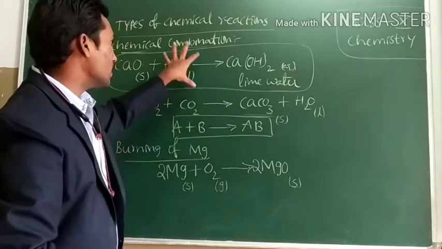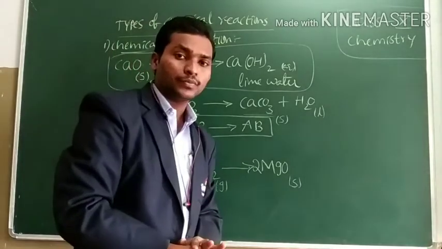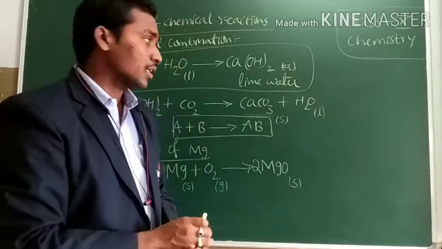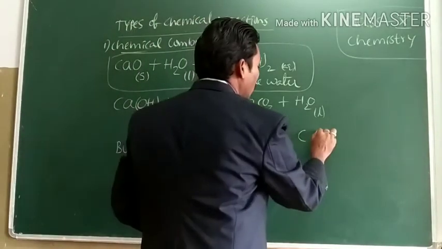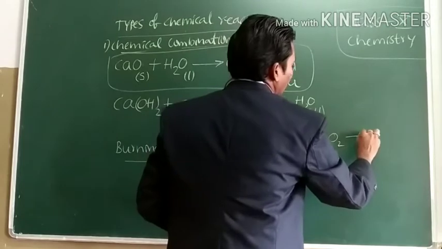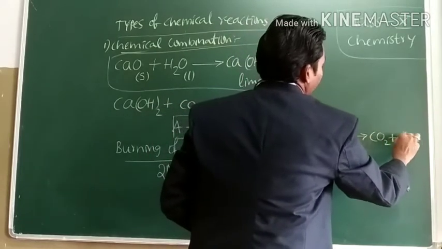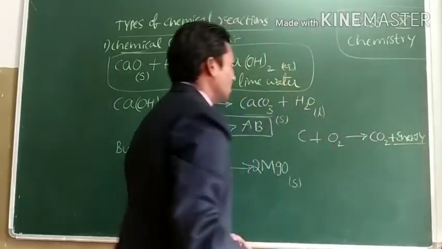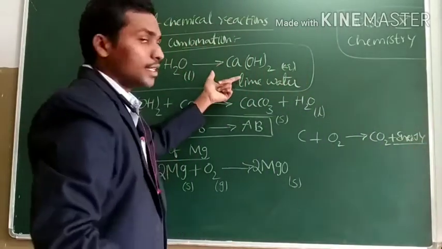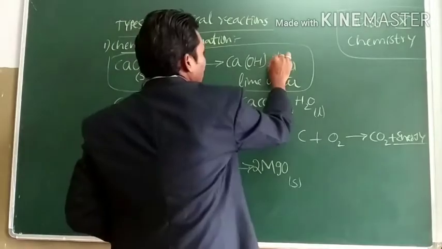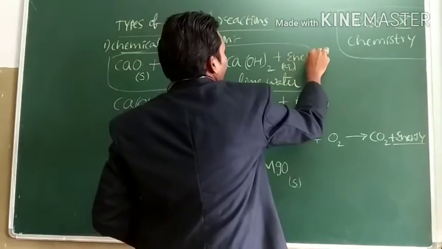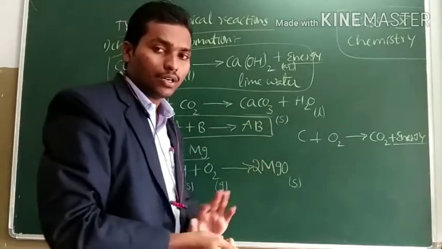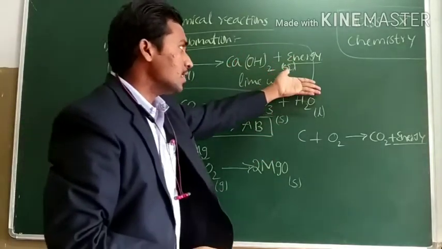Some other examples of chemical combination reaction are burning of coal and burning of natural gas. Let us see the equation. When coal burns in air, it releases carbon dioxide and energy. In the first reaction also, we notice energy liberation, because when we touch the beaker, we feel hot as energy is released.